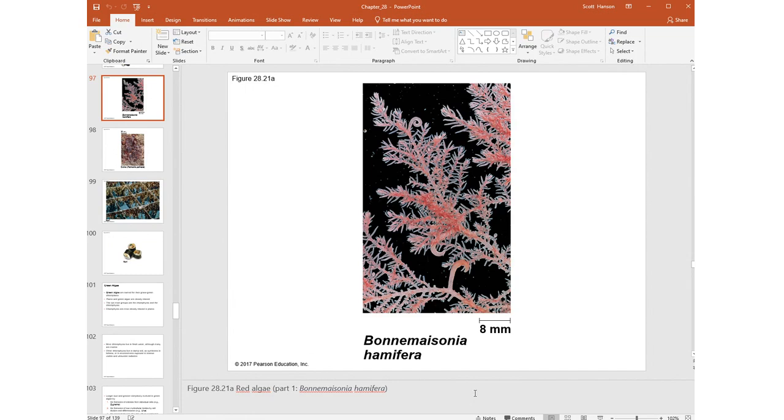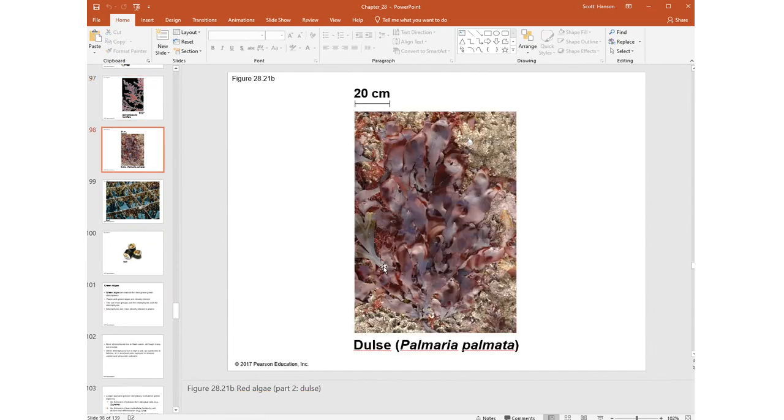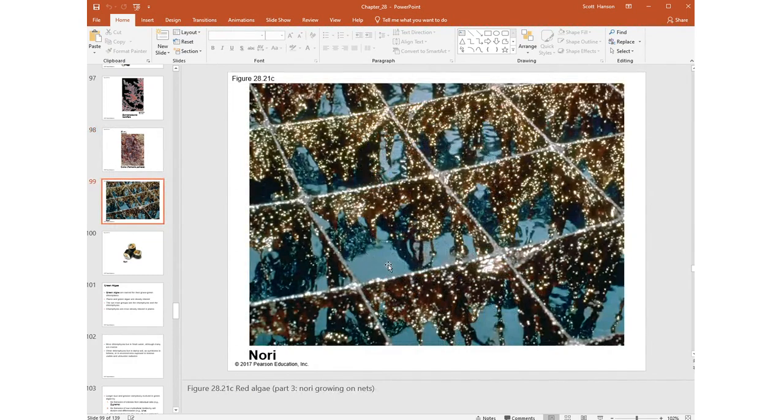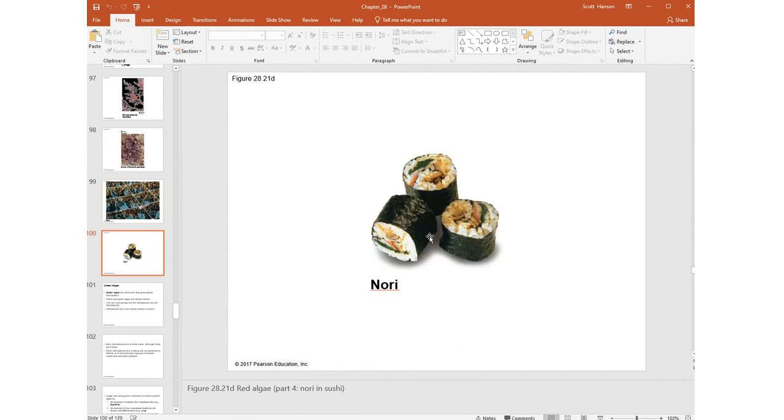And you remember that at the end of part 2, we were talking about the red algae, and we looked at some really nice illustrations of red algae. And remember that certain types of red algae are grown in the ocean commercially, in really large quantities. Then they're harvested, dried, and pressed into very thin sheets, and they're used to make all sorts of good tasting snacks.